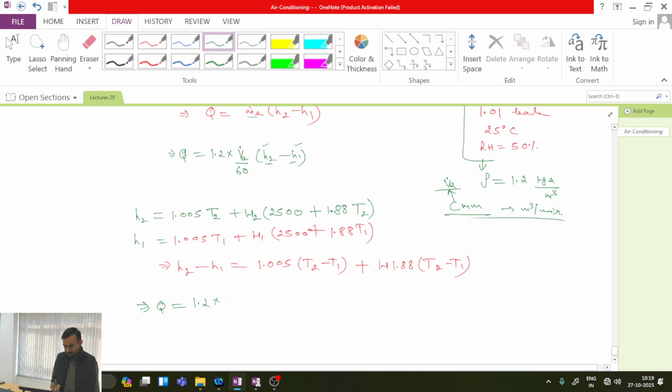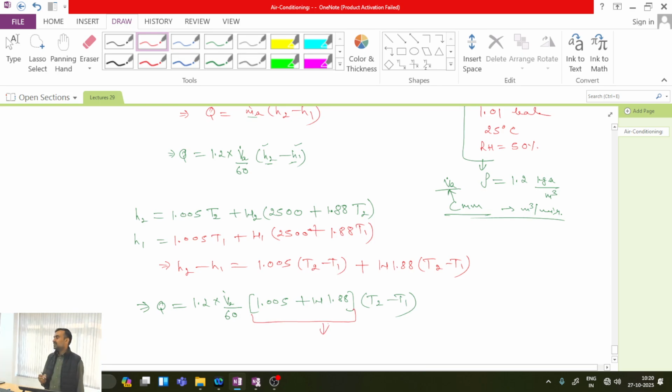Then it is 1.2 into V dot A by 60 into, again, T2 minus T1 taken common, 1.005 plus W into 1.88 into T2 minus T1. Is this one clear? Now what is this term? It is the specific heat of humid air, moist air, or humid specific heat.